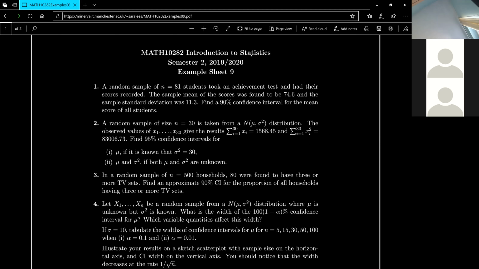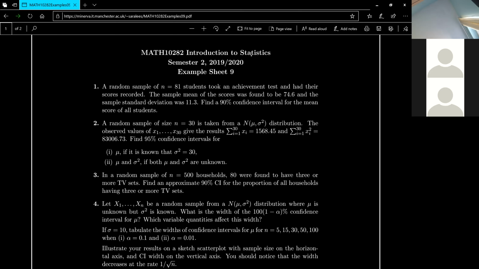So it's the questions. I'm sure you can read the question. It says you have a random sample of 81 students taking an achievement test, and their scores recorded. The sample mean is 74.6, and the sample standard deviation is 11.3.